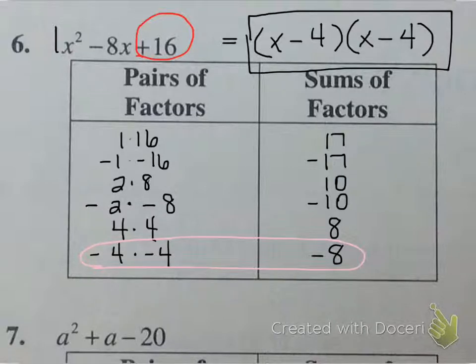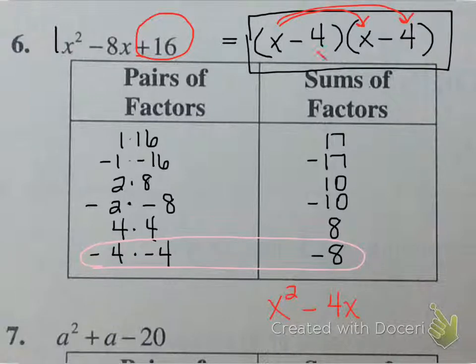The nice thing about factoring is you can always double check by FOILing your answer, or multiplying your factors together. If I FOIL this, x times x gives x squared. And if I go x times negative 4, remember the O of FOIL is outers, I'm going to get negative 4x.